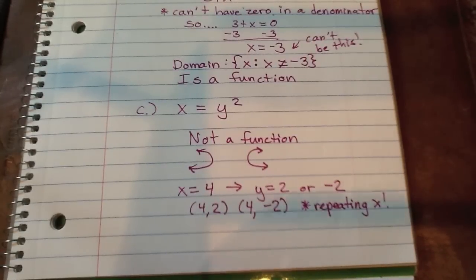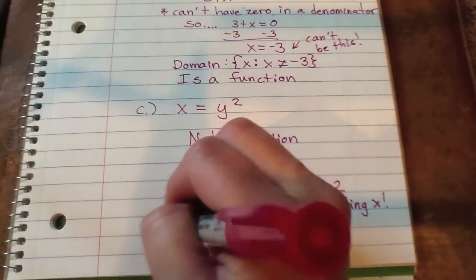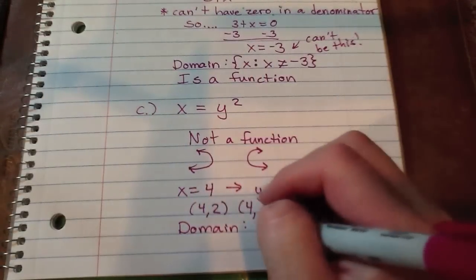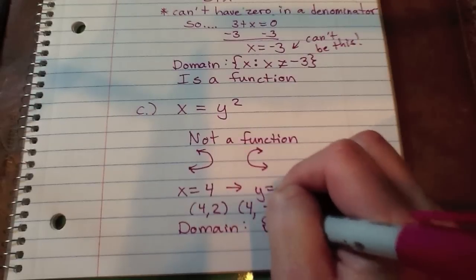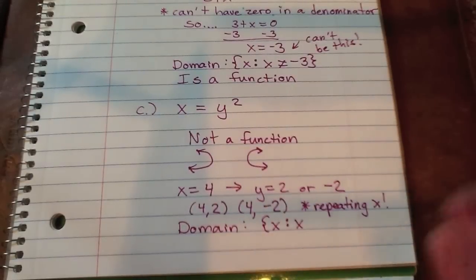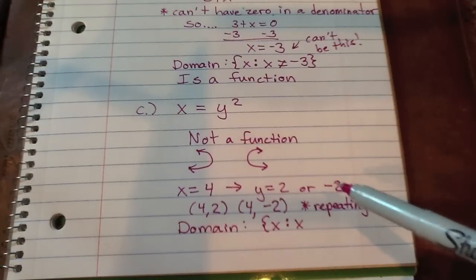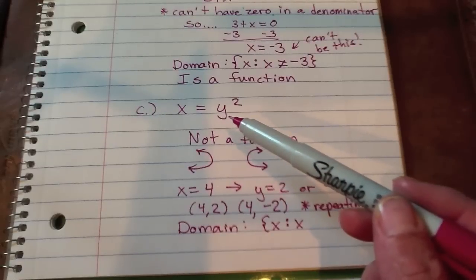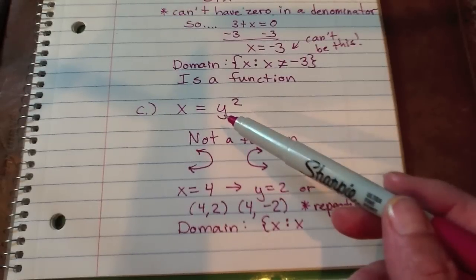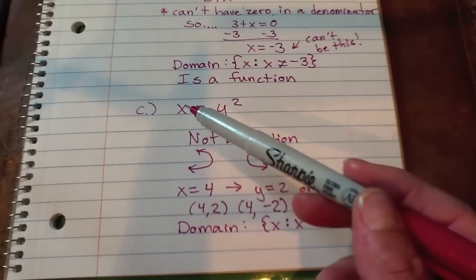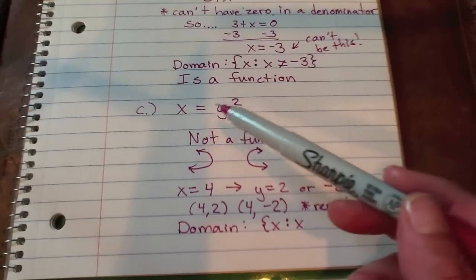Now your domain's a little tricky in this one, but you'll get better at these as you look at them. So domain is x such that x is something. No matter what you plug in here, any negatives that you end up plugging in, because they end up multiplying by themselves, they all become positive. So you're never going to have a negative x in the end here.